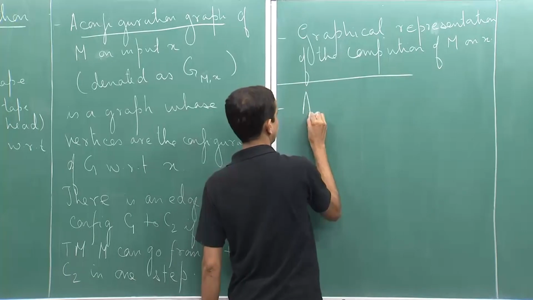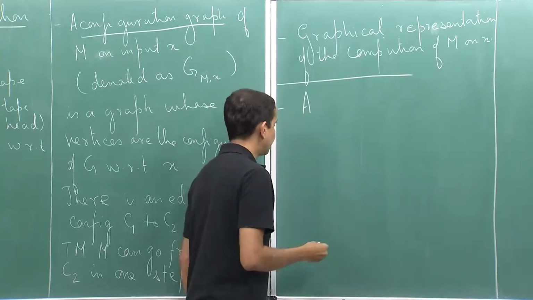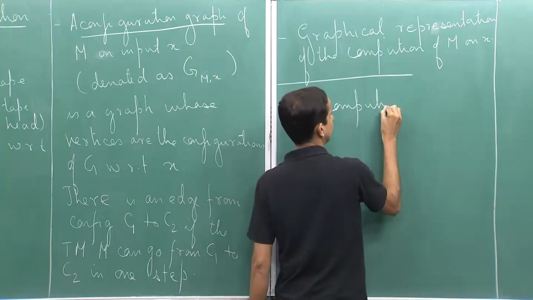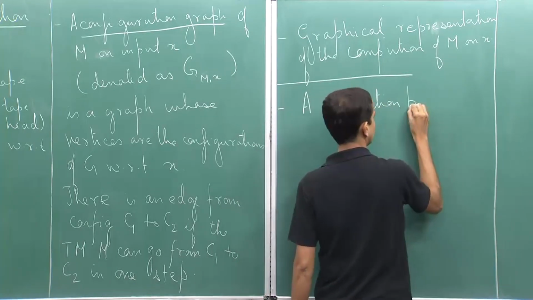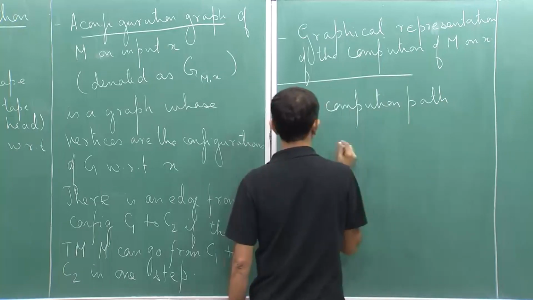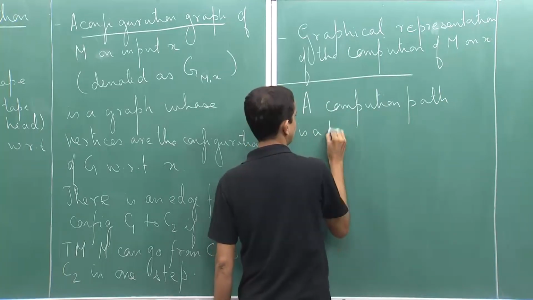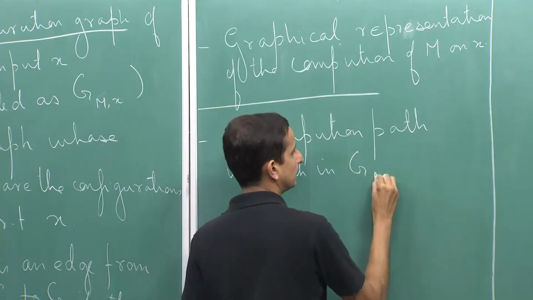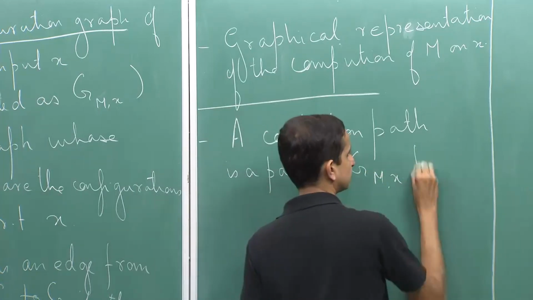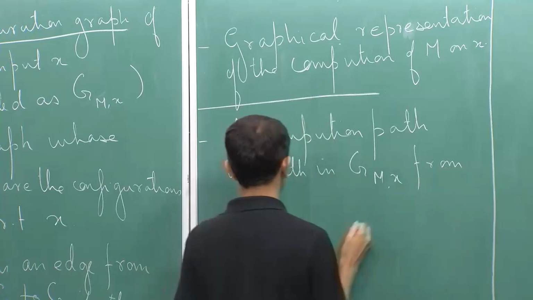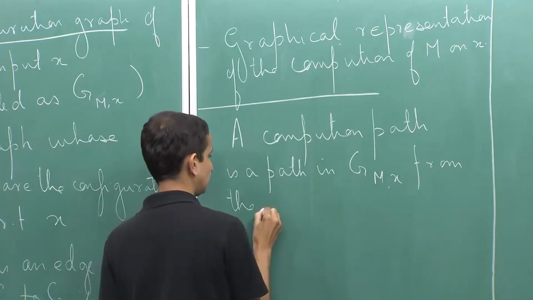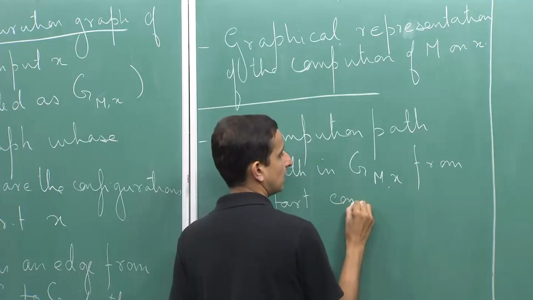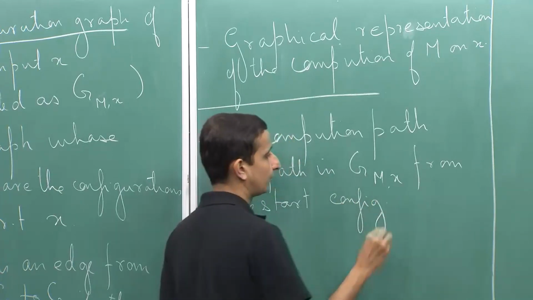A computation path is a path in G_{M,x} from the start configuration.